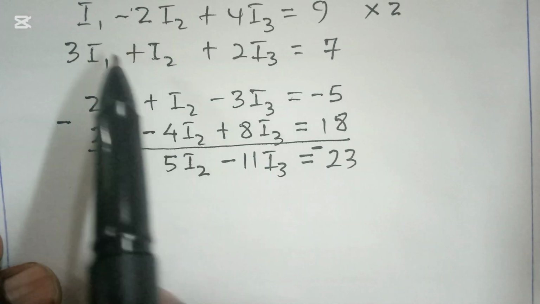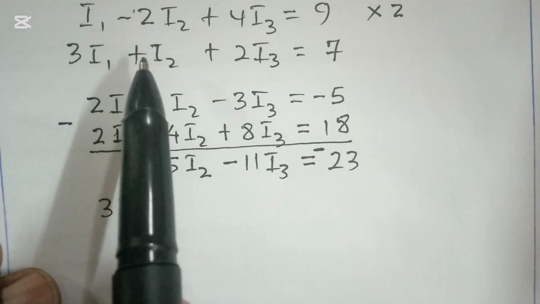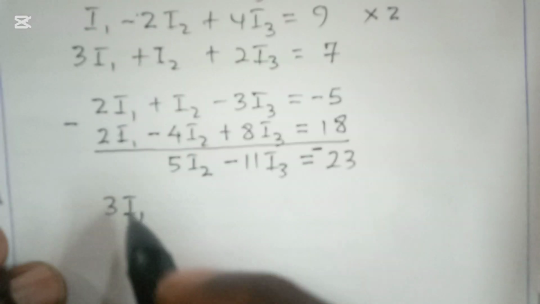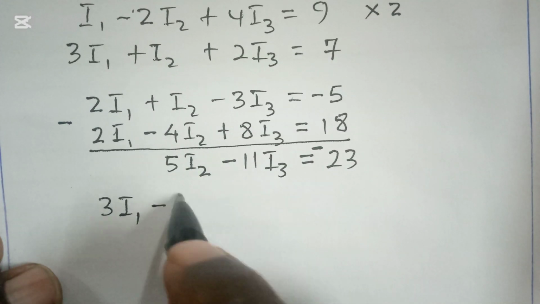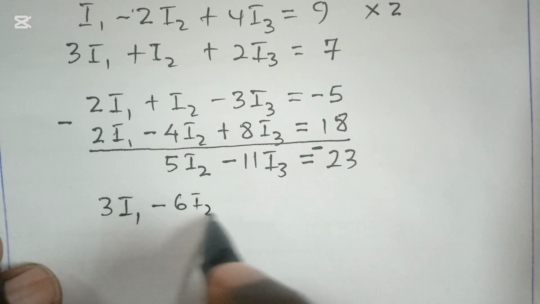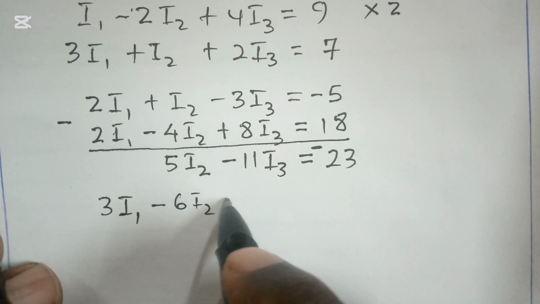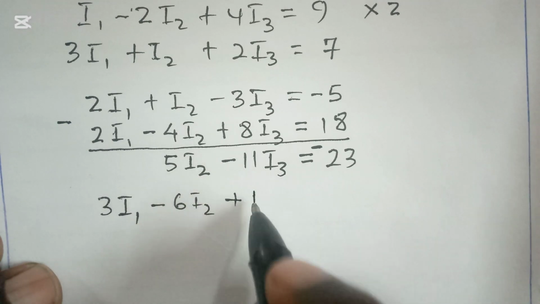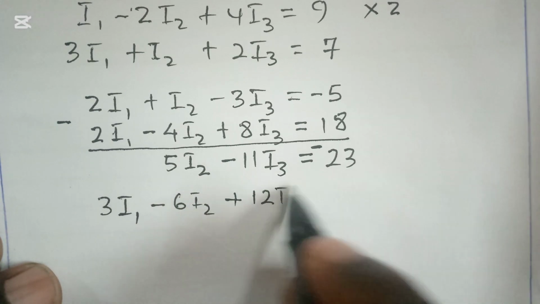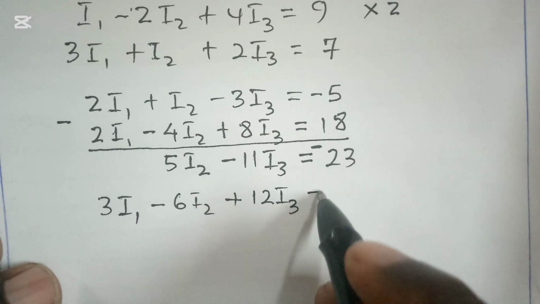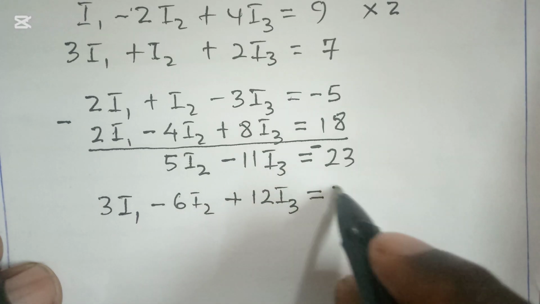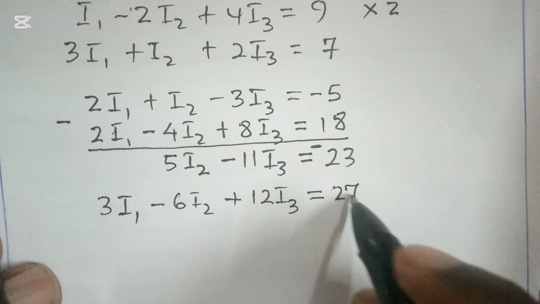I'm multiplying this equation by 3. Then minus 6I2 plus, multiply 4 by 3, that is 12I3, equals to multiply 9 by 3, that is 27.